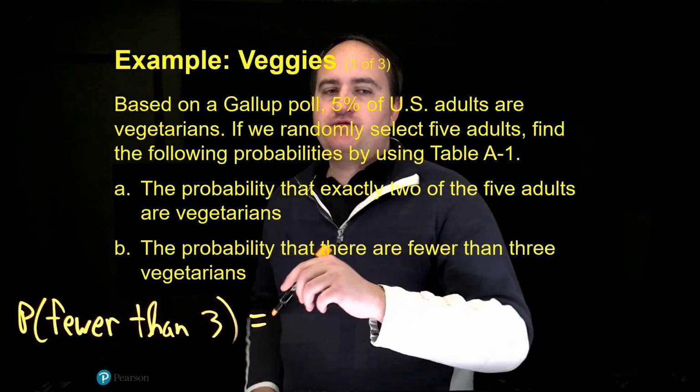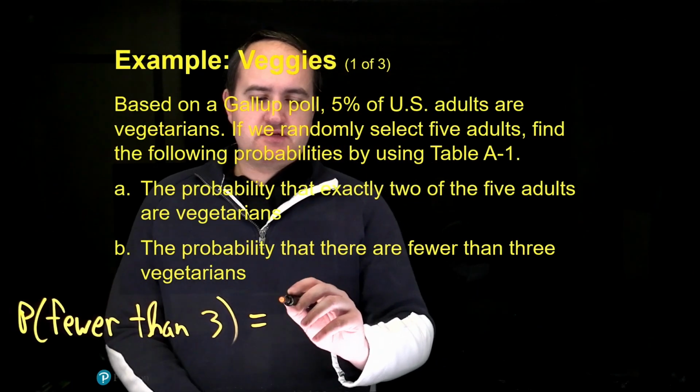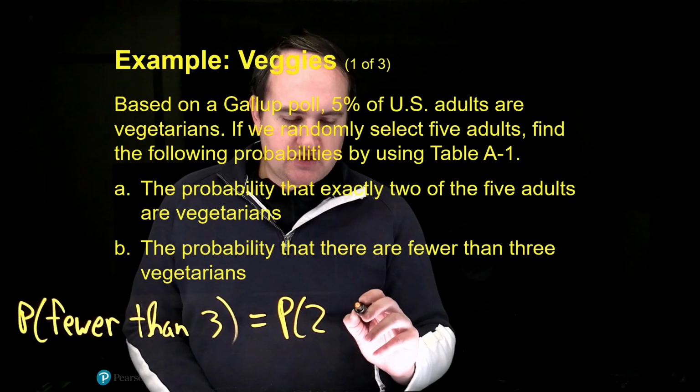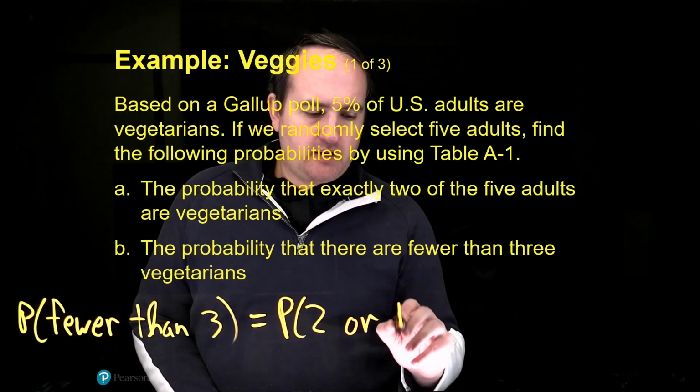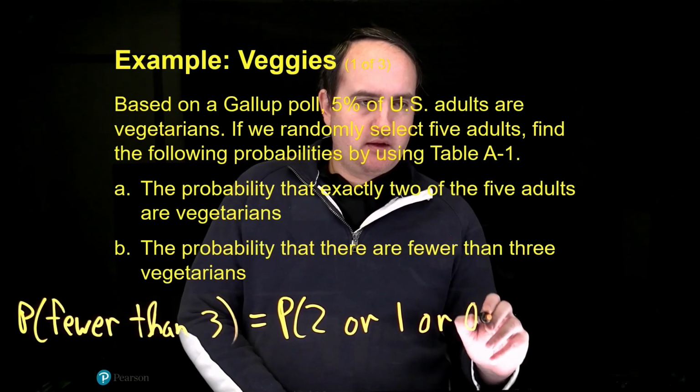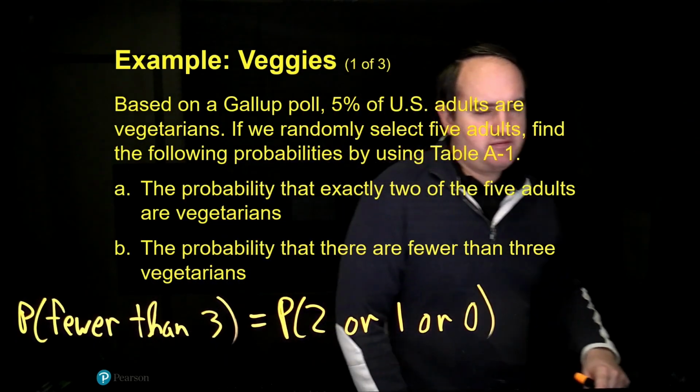So the probability of fewer than 3 is the same as the probability of 2 of them are vegetarians, or 1 of them is a vegetarian, or 0 of them, none of them are vegetarians.